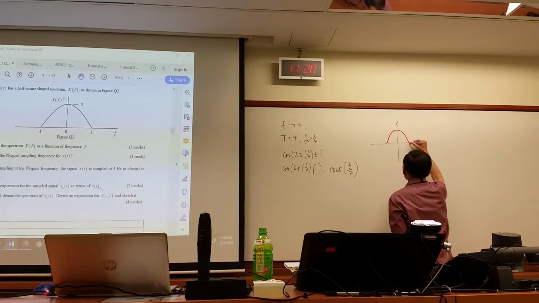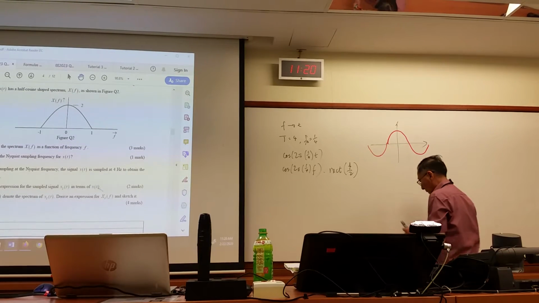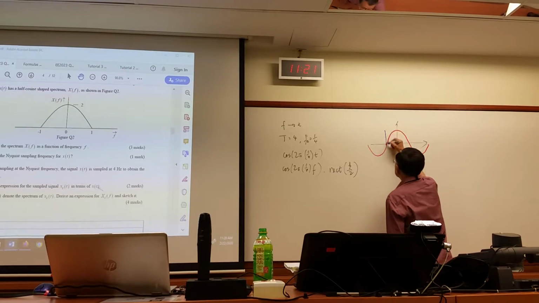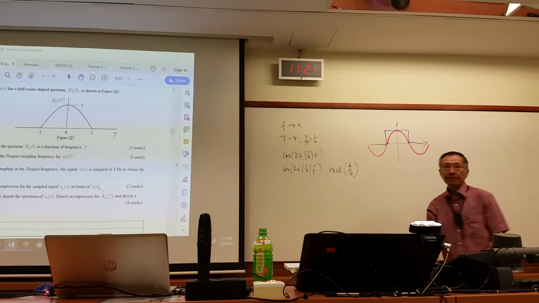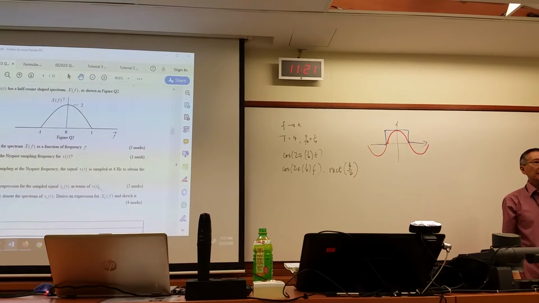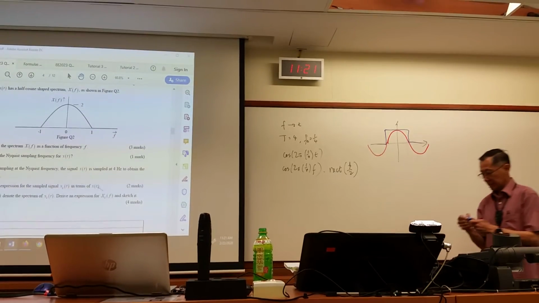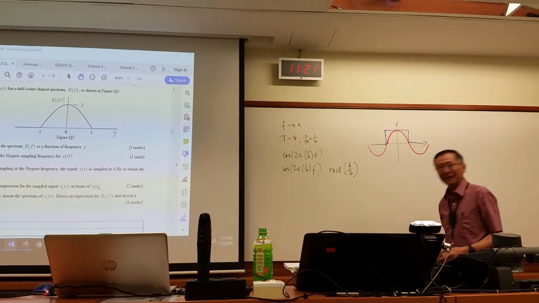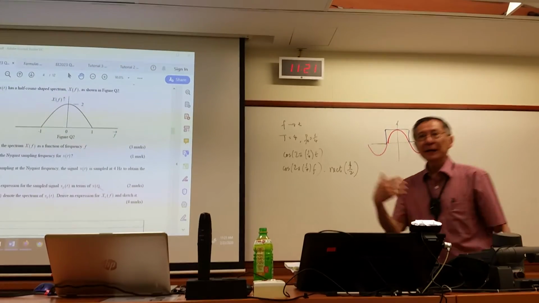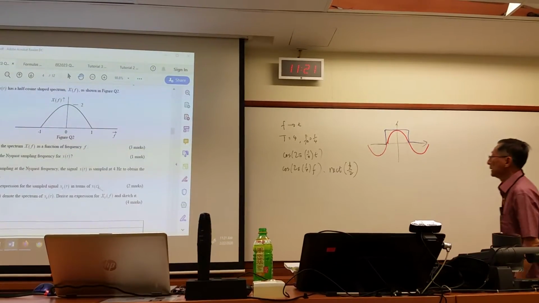This cosine wave will continue on like that. But now I'm only taking up this part. So that's why I can multiply by a rect. Can you see it now? Still cannot see it. Okay, good. Because you did not reply, so I think you don't know. Okay, you have to tell me, okay?